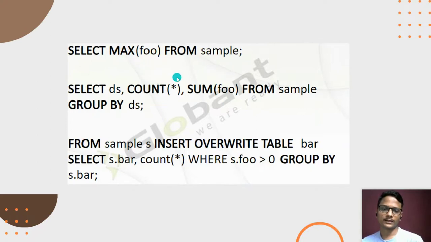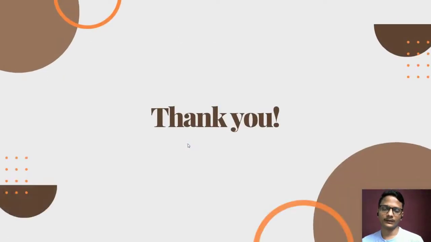We already know the max command to find the maximum of a column, and the count command to count how many rows there are, and sum to calculate the sum, etc. And here overwrite, and we can use the greater than symbol, less than symbol, and all of those things. Yeah, thank you.